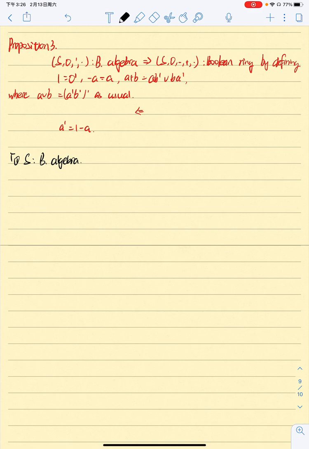First, I want to show S under plus is an abelian group. To show this, first, does it satisfy the associative law?